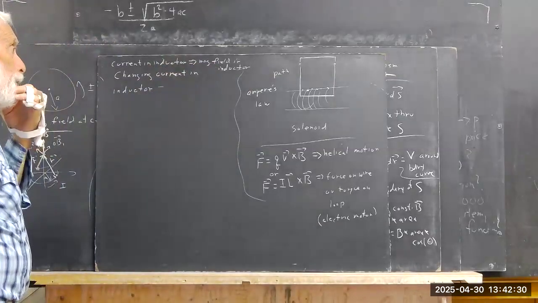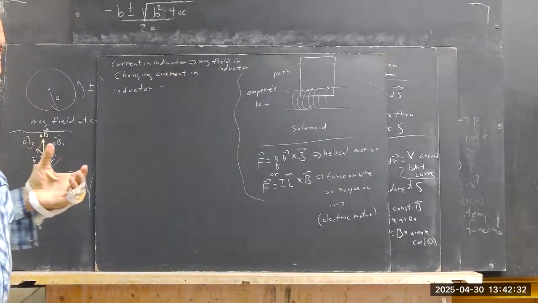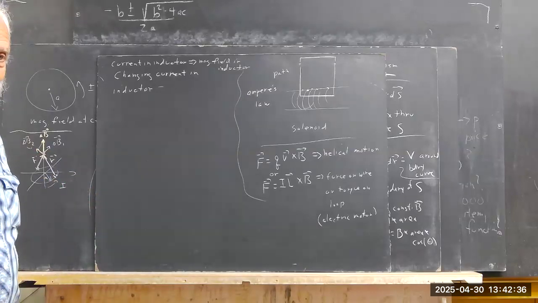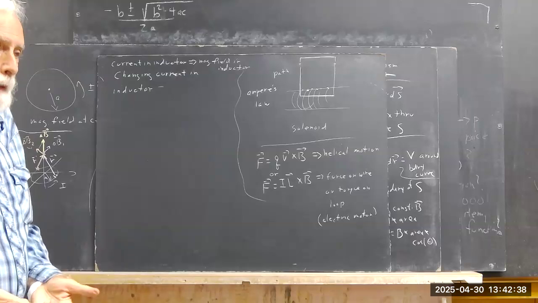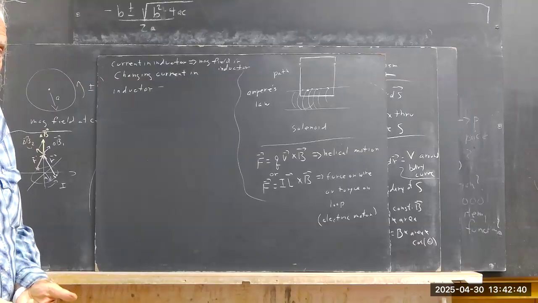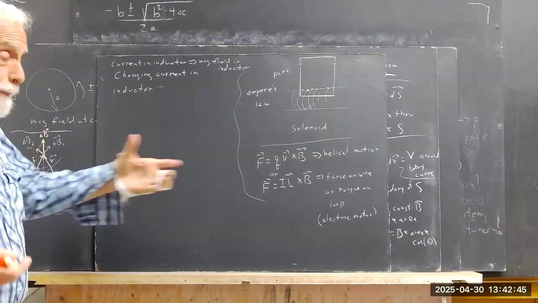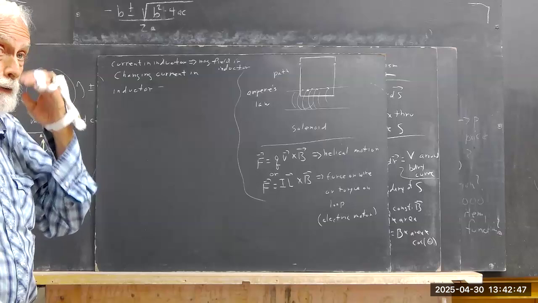You probably can't read that, but it's obvious. An inductor essentially consists of a bunch of loops. And if there's a current in a loop, you're going to have a magnetic field due to that loop. And if you've got a bunch of loops like in a solenoid, you're going to have a pretty good magnetic field inside the solenoid.